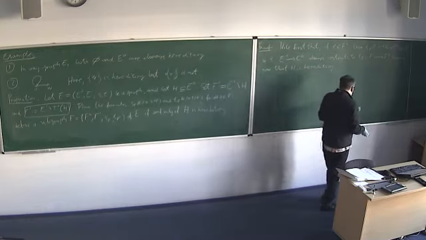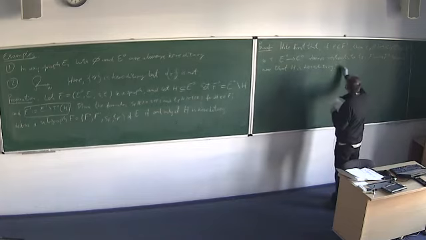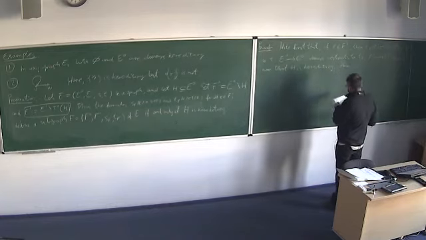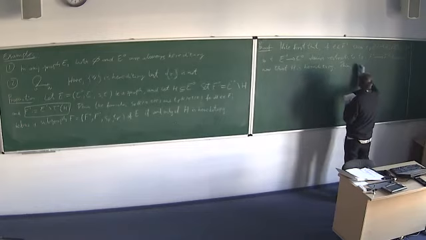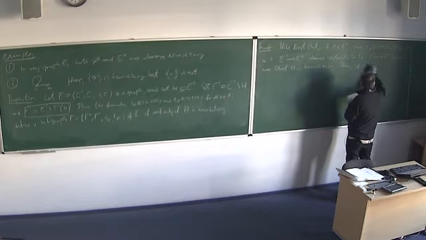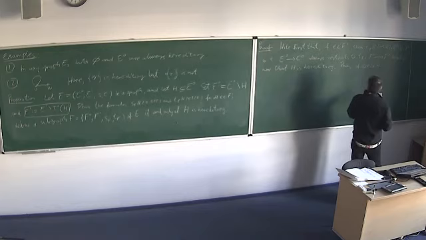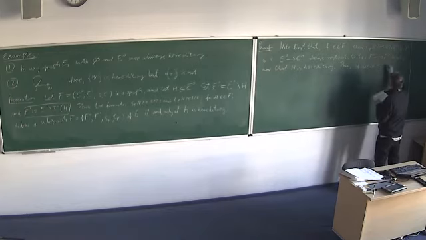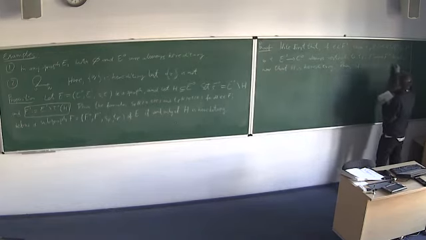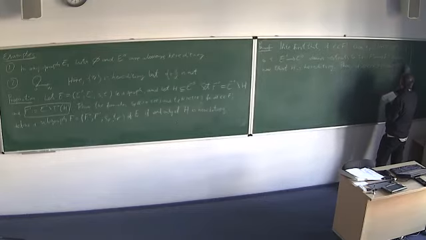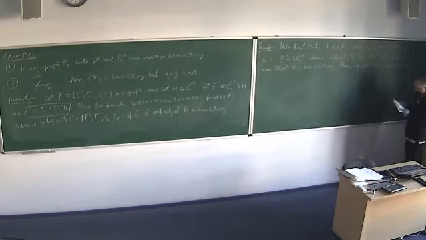Okay. Then, well, you take any edge in E1 if S of E is in H. It follows that T of E is in H. This is just the property of being hereditary.